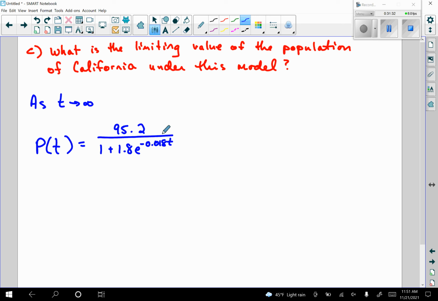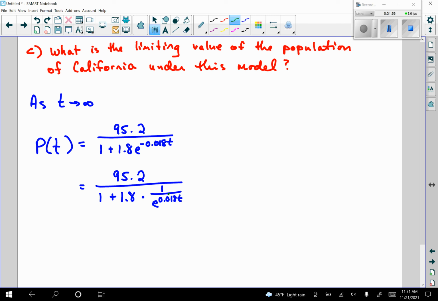Now I'm going to go back to the property of exponents. Negative exponents really means we take the reciprocal. So this now becomes 95.2 over 1 plus 1.8, and then this really becomes times 1 over e to a positive 0.018t, because e to a negative power just becomes 1 over that.